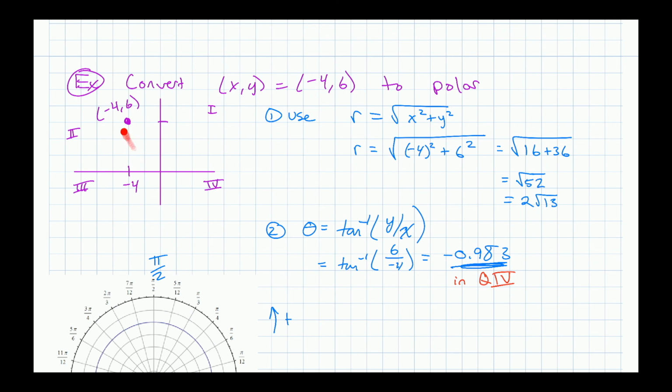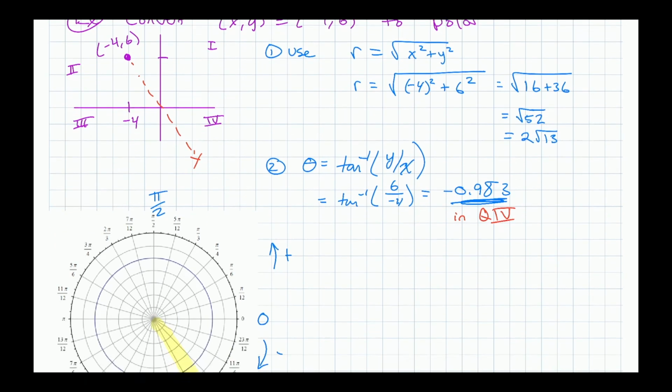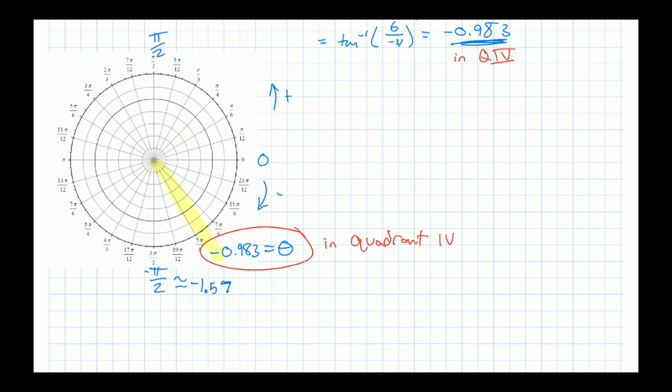We wanted this angle up here, but instead of this angle, we got the one down here, which is the wrong one. So what you have to do is say, okay, this is the wrong one. The correct one is up here somewhere. So how are you going to get this one up here?